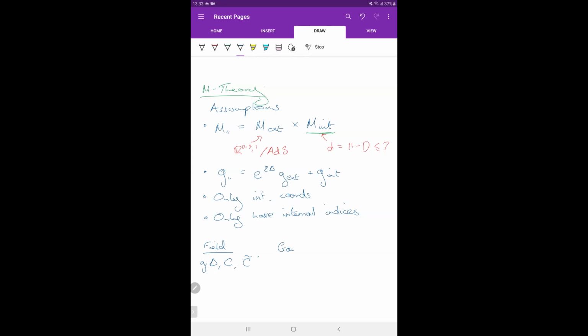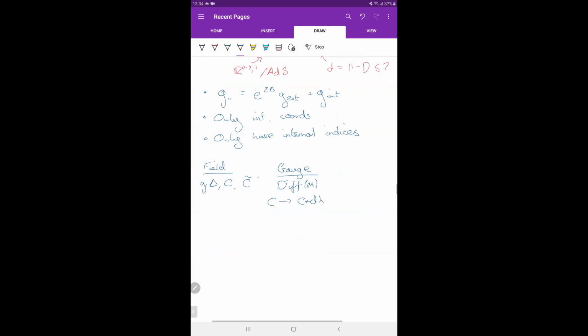What's the gauge structure? Well, again, it's a gravity theory, so I have diffeomorphisms. I also have normal form transformations, but the one for the C tilde, the 6 form, is slightly more complicated, and up to factors of a -1, which I always get wrong, it looks something like this.